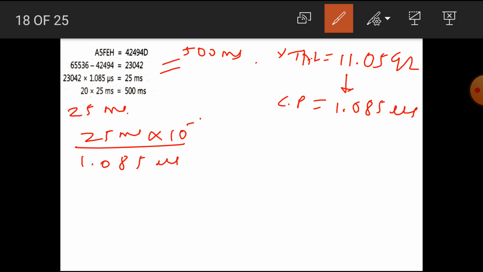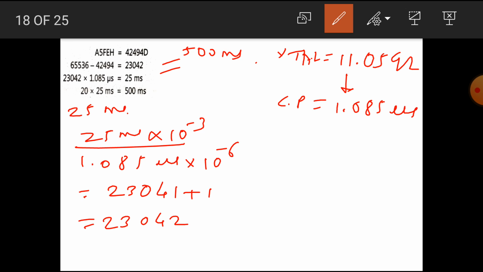Millisecond means 10 raised to minus 3, microsecond means 10 raised to minus 6. This calculation gives us the value 23,041. After plus 1 we get the value 23,042. These are the clock pulses.